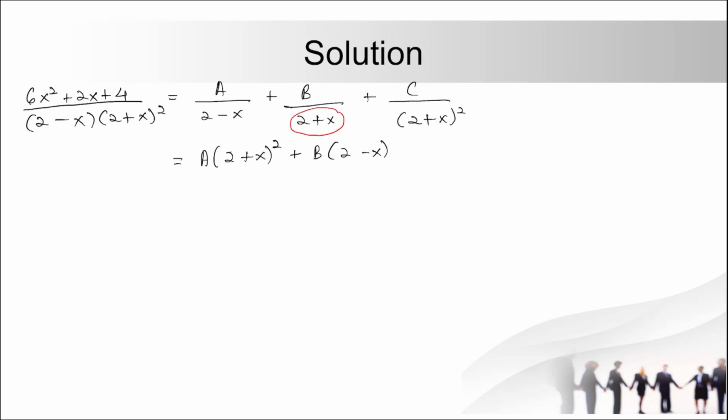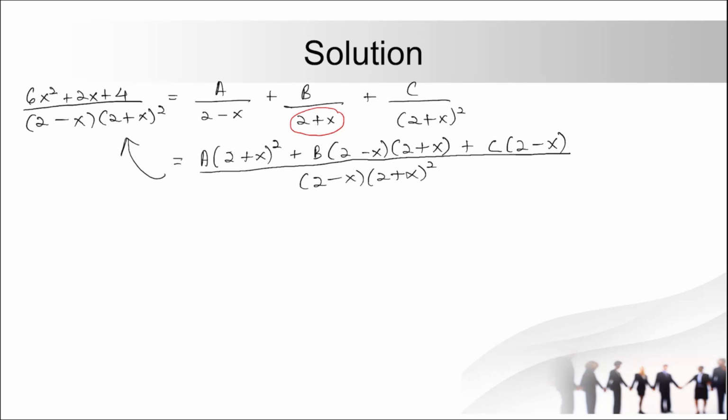So B multiplies with (2 minus x) and (2 plus x). How about C? The denominator at C is (2 plus x) squared, so C has to multiply with 2 minus x. Then we have the same denominator as on the left side, (2 minus x) and (2 plus x) squared.